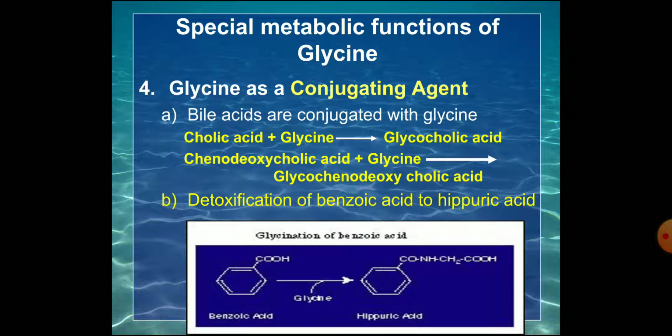You can see the reaction here. Benzoic acid combines with glycine to form hippuric acid, which is water soluble and in an easily excretable form. So the harmful benzoic acid is detoxified to a less harmful or non-toxic substance, hippuric acid, which is easily excretable through urine.